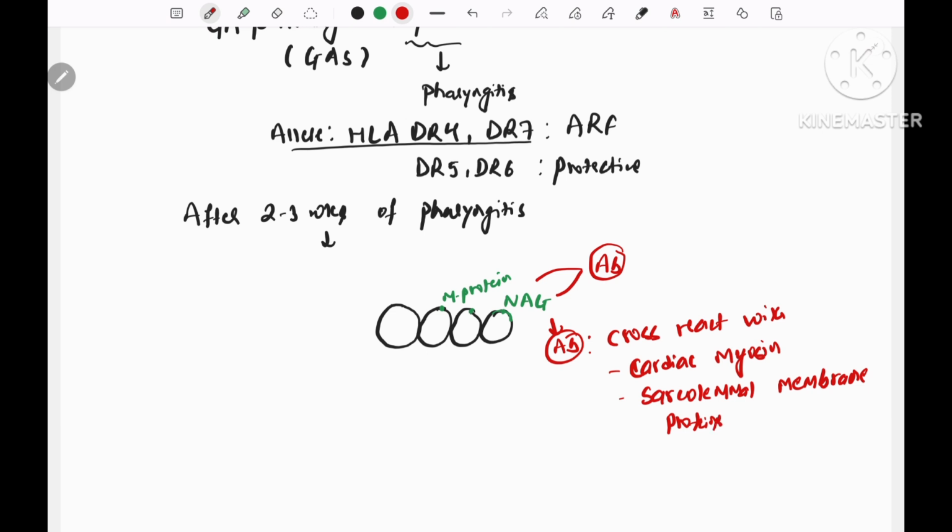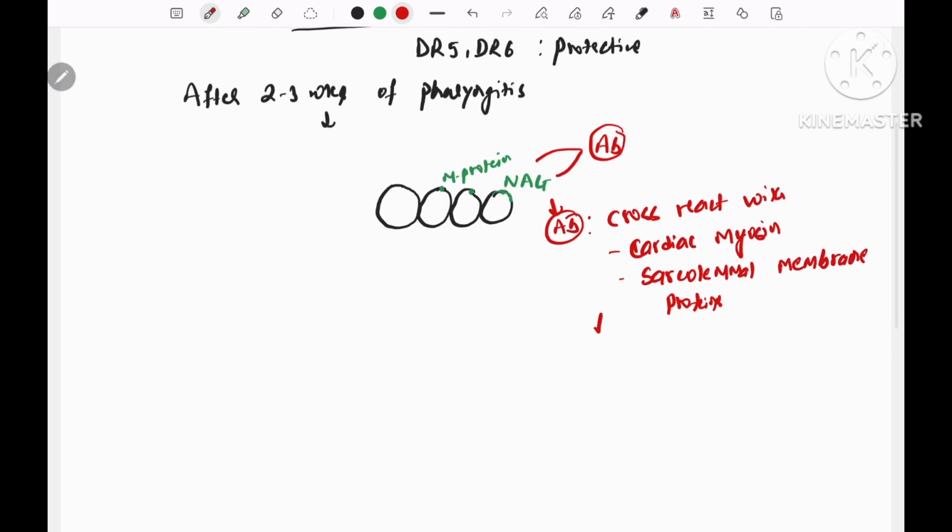And they activate the complement system, with release of C3a and C5a.